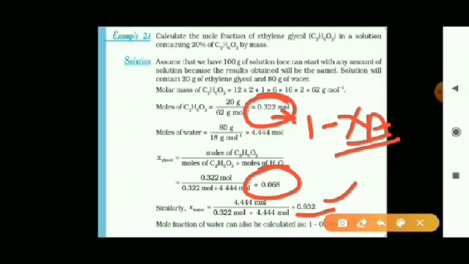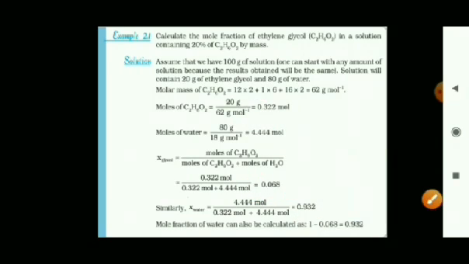When you do 1 minus 0.068, you will get the answer 0.932. You can tally this answer with this. So whatever you have done, you can check in this way.